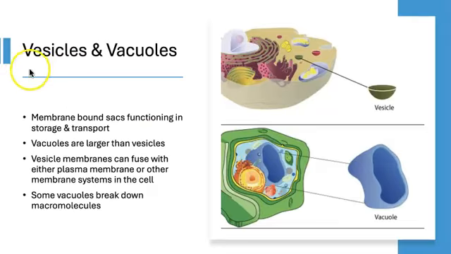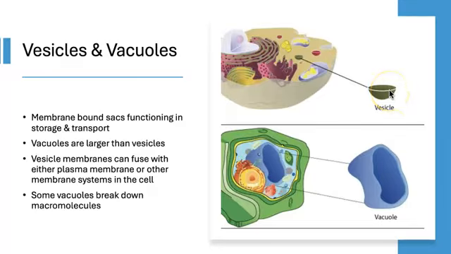You may also hear this term vesicle or vacuole quite often. These are membrane-bound sacs that function in transport and storage. So think of them as like the cars or the buses of the cell. And the vacuoles are going to be larger than our vesicles.